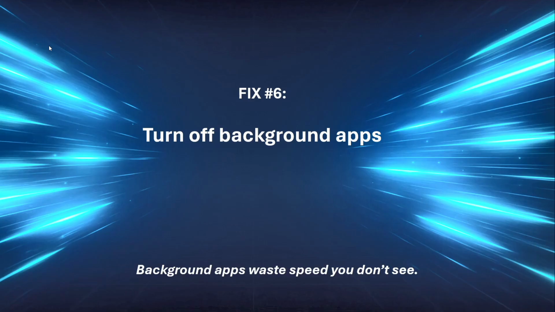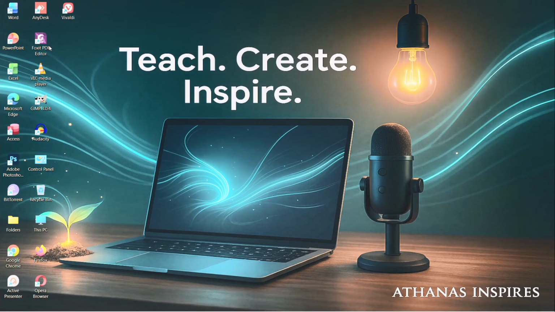Now, background apps are programs that continue running even when you are not using them. They use RAM, internet, and sometimes even CPU, which slows down your computer without you noticing. Now let me show you how to turn them off.